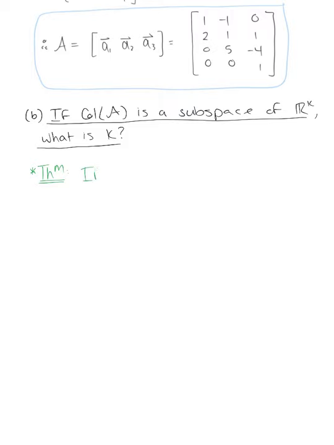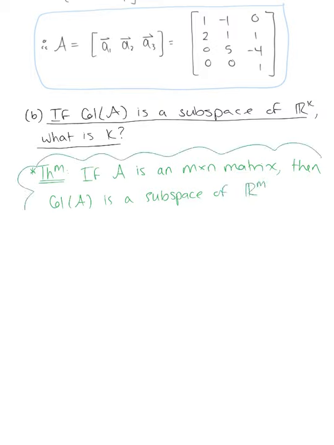Let's recall that if matrix A is an m by n matrix, then the column space of A is a subspace of Rm.